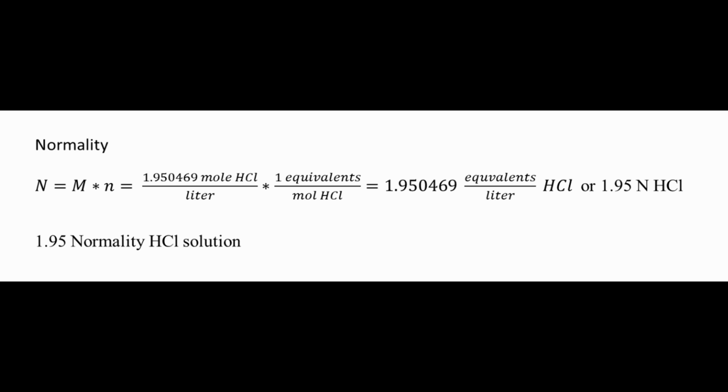N equals M times n equals 1.95 moles of HCl per liter times 1 equivalent per mole equals 1.950469 equivalents per liter HCl, or 1.95 normality HCl. So we have a hydrochloric acid solution with a normality of 1.95 equivalents per liter for a 1.95 molarity HCl solution.